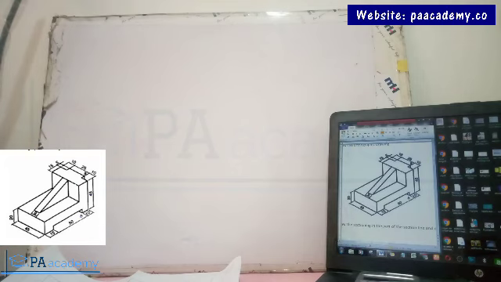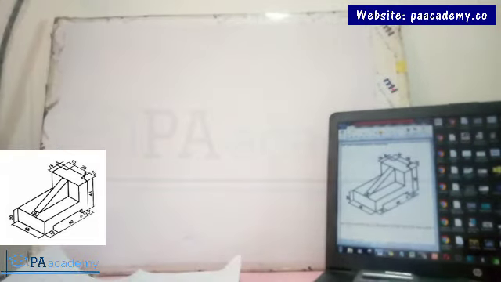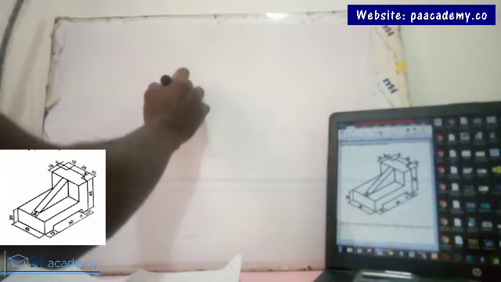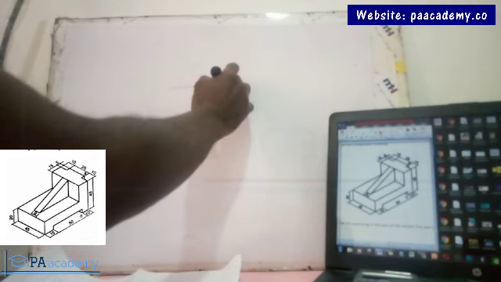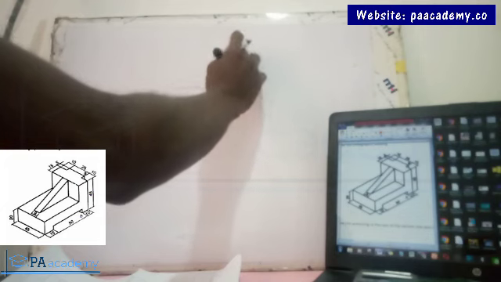All right, so if that is clear, let's assume you are looking at just the front of this. Once you are looking at this, you are going to have something like this. I'm not drawing to scale anyway.